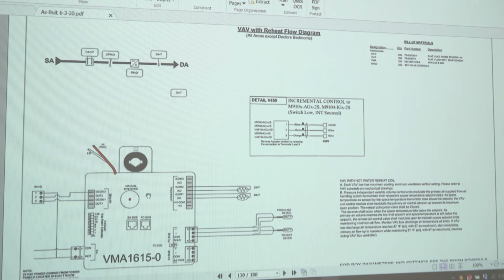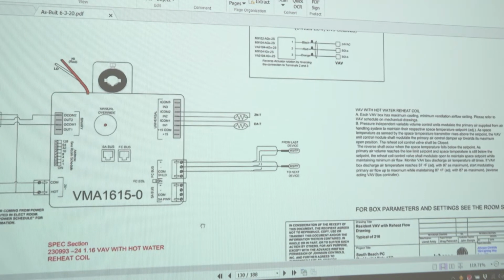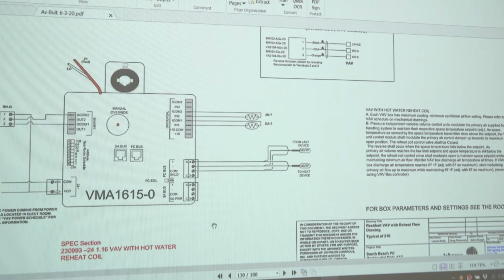They're all very similar with regards to components and hardware and control sequences. All of the VAV boxes have a VMA controller installed within them. Okay, on this VMA controller, you'll see you have 24-volt power.